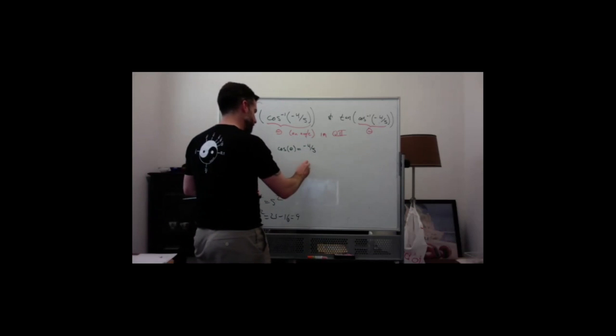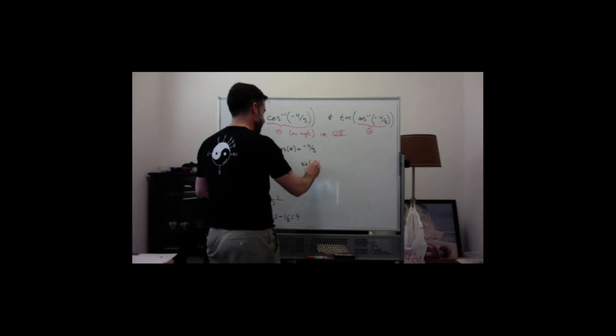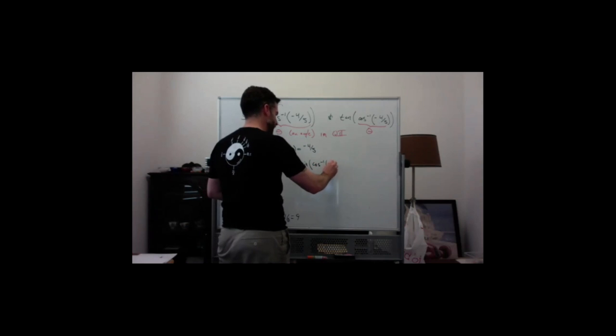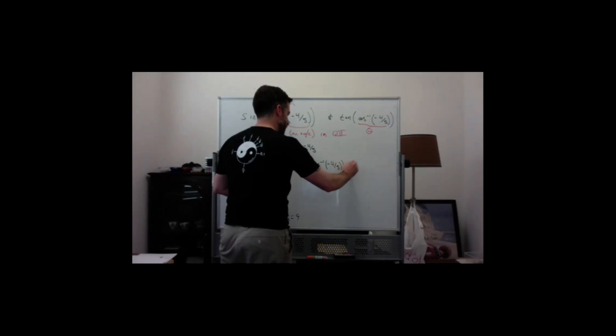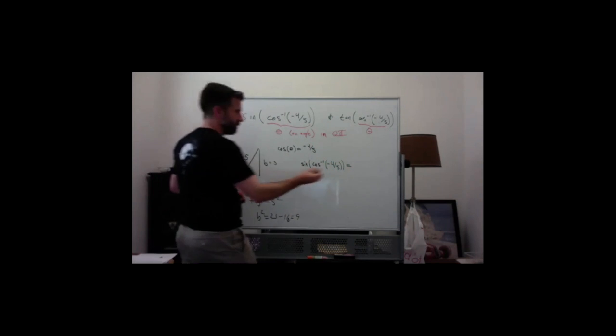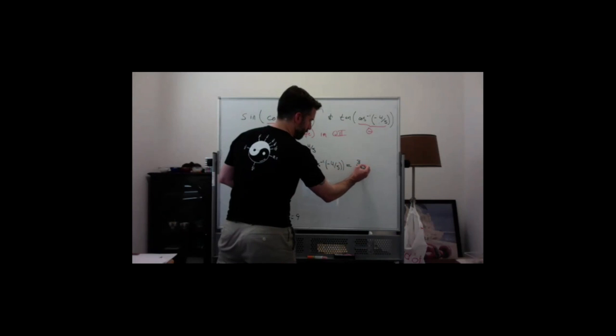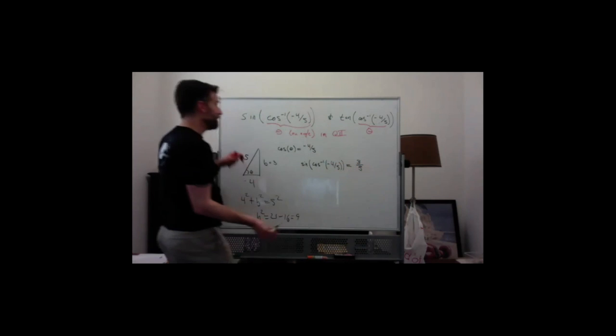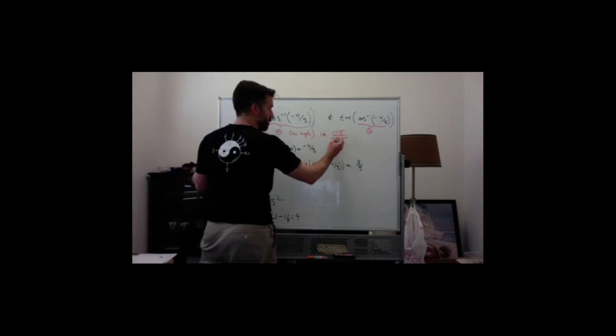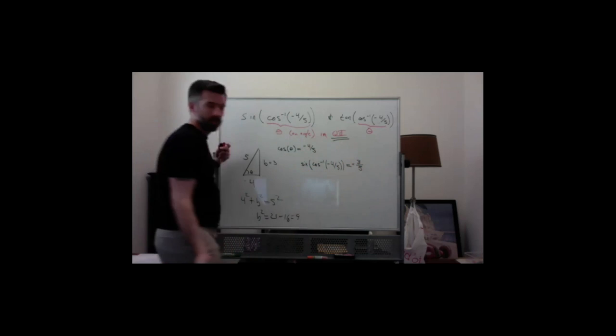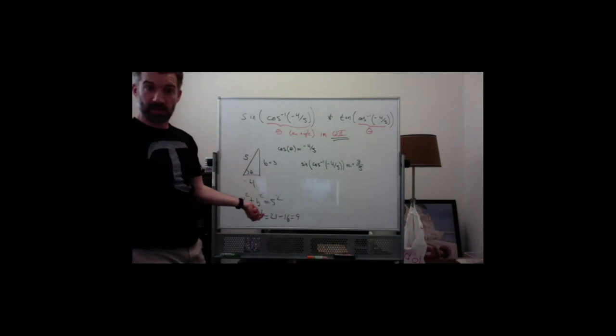So sine of inverse cosine of -4/5 is 3/5. And it is positive because we're in quadrant 2, and in quadrant 2, sine is positive.